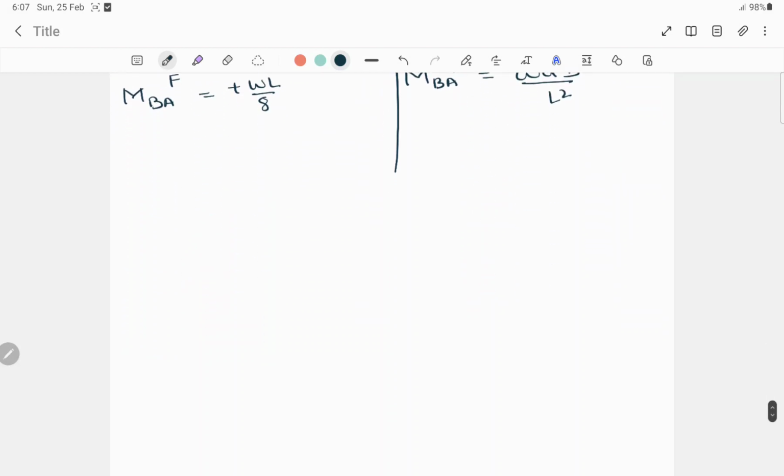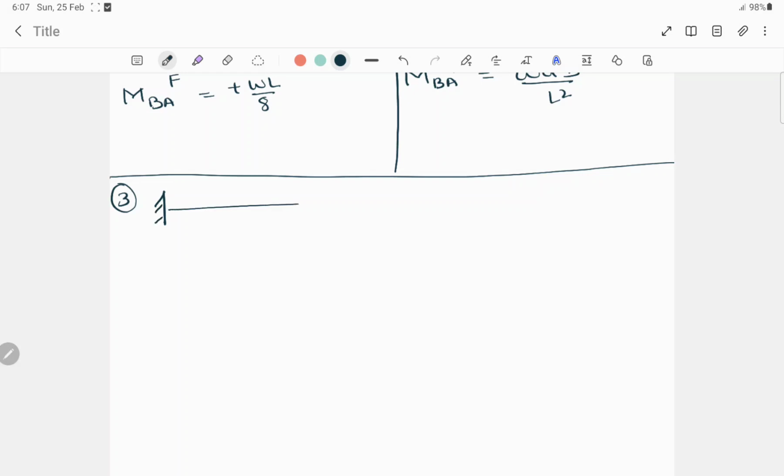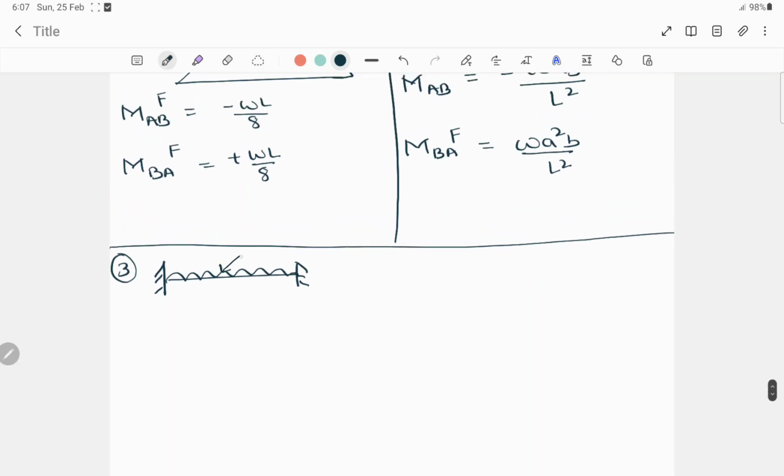Now the third case: suppose it's a fixed beam and a UDL W is acting on this beam, and this is the length.